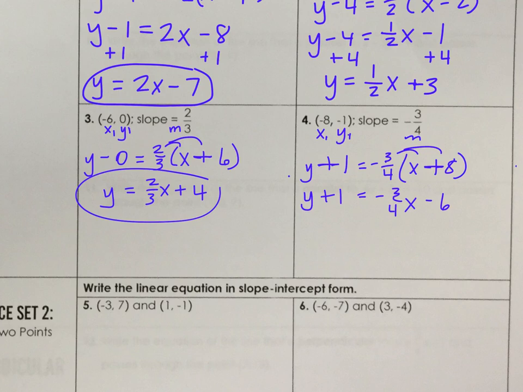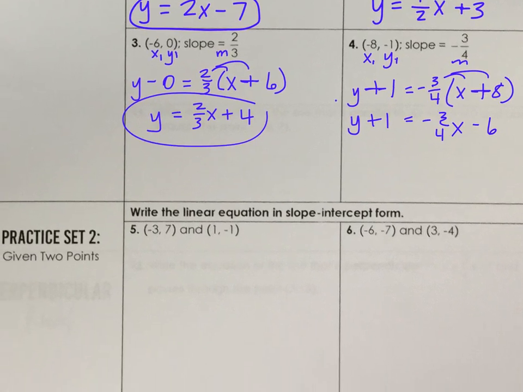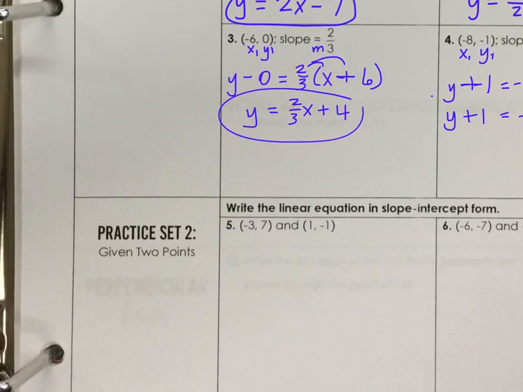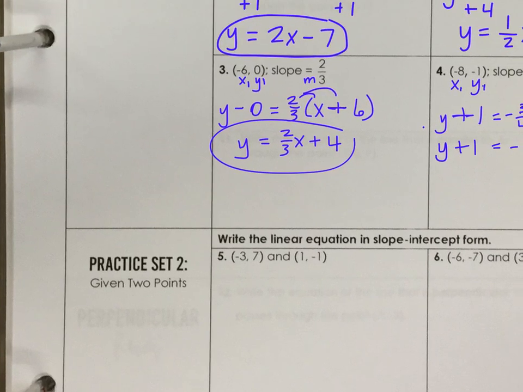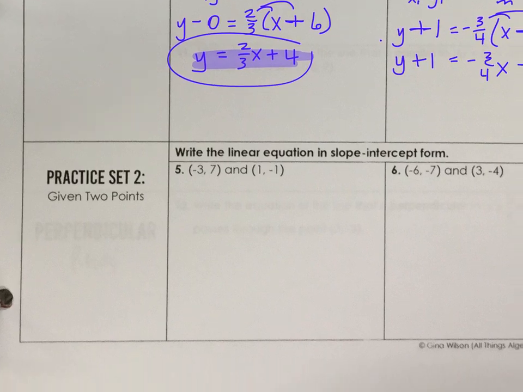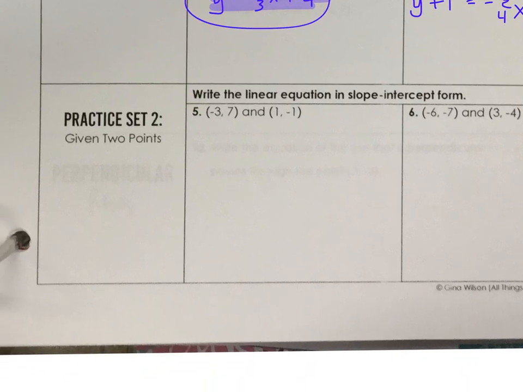So in 1 through 4, we were given a point and the slope, and we had to find y equals mx plus b. Now we're going to change it up just a tad, and you are going to be given 2 points. So we're going to have to find their slope.